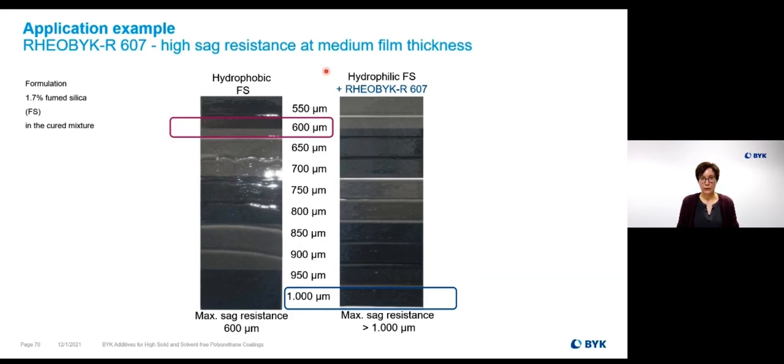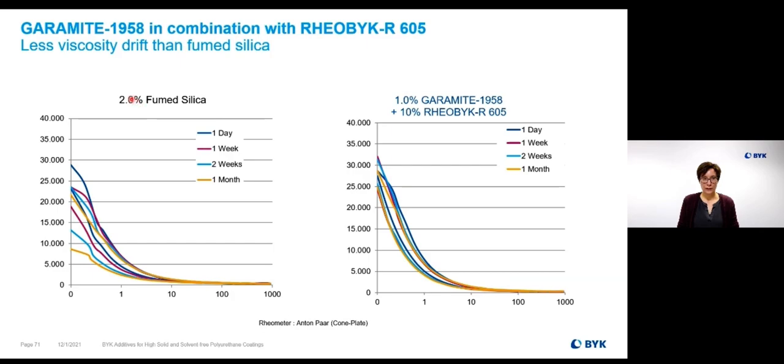When we have a hydrophilic fumed silica and we combine it with a TIX booster, our sag resistance is increasing significantly. Additionally, we can say with our Garamide in combination with the TIX booster, here in that case with Rheobyk R605, we have less viscosity drift over time as compared to a fumed silica.